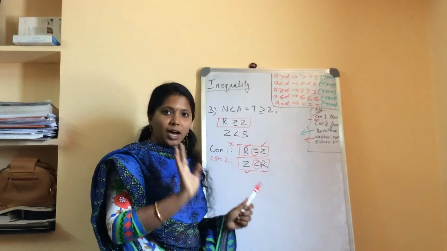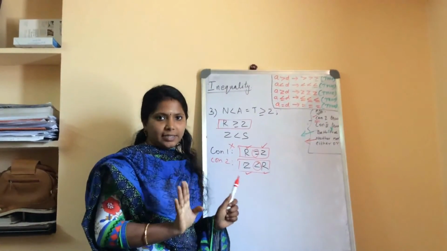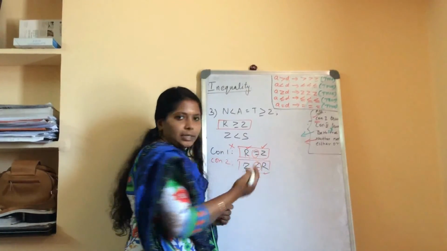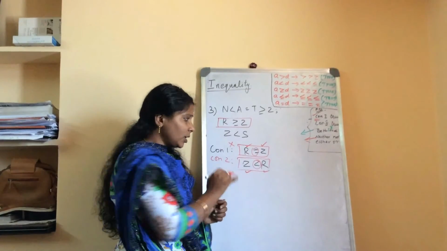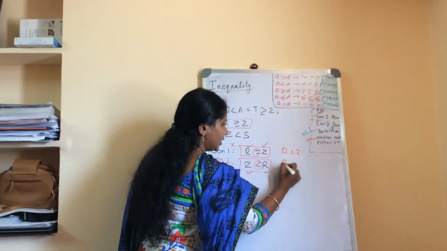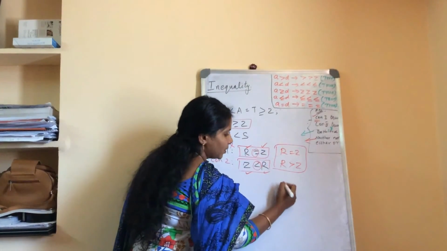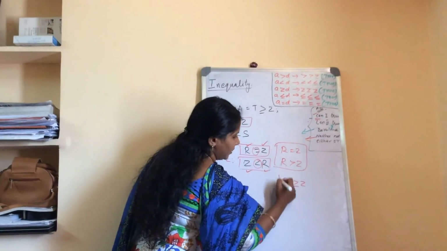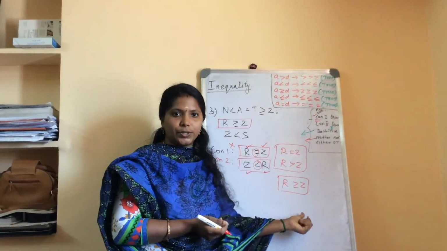You have RZ the same in both conclusions, but the symbol is changed, greater than, less than. The symbols are changed. So here I have said R equal to Z. This one I have written as R greater than Z. It means I can write it as R greater than or equal to Z, right?